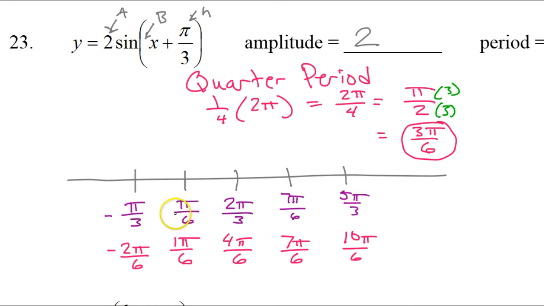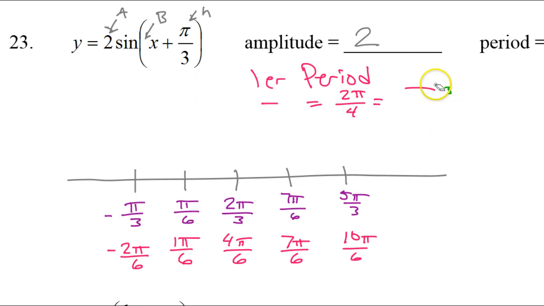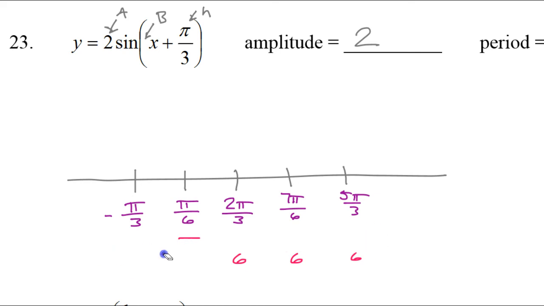Now, the y-axis. Well, you know what? Let me clean this up a little bit. We don't need this anymore. We need the y-axis here so we can mark the a value. The y-axis is always at 0. Sometimes 0 is one of our values.